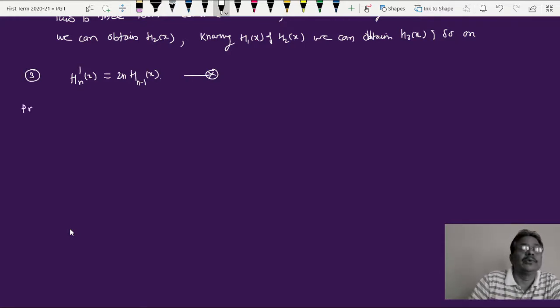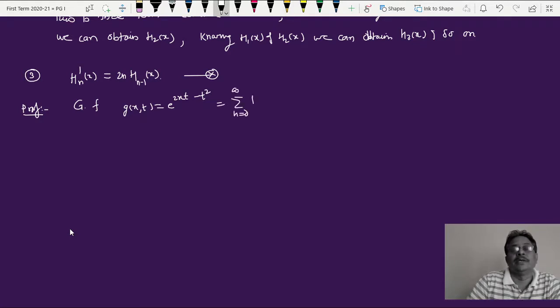So again, proof. Let's start with this generating function, which is g of x, t is equal to e raised to twice xt minus t square, is equal to summation over n equal to 0 to infinity H n of x into t raised to n upon n factorial.